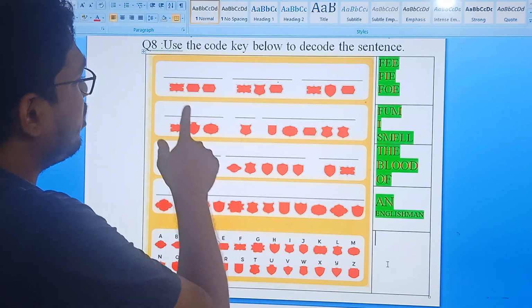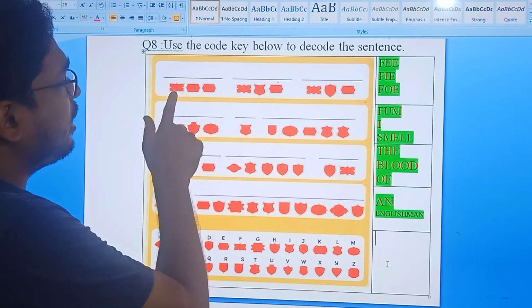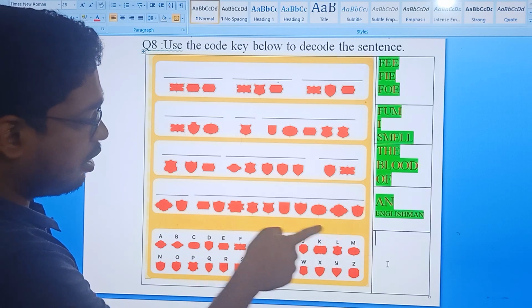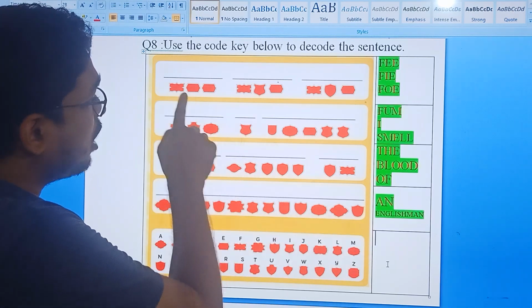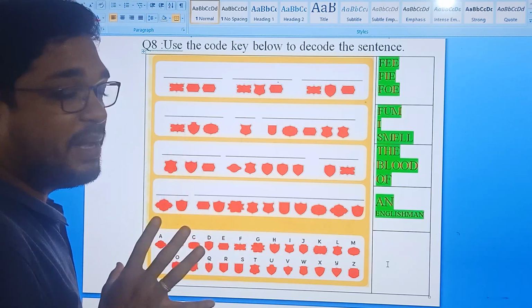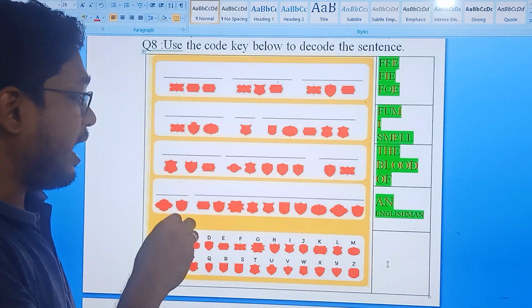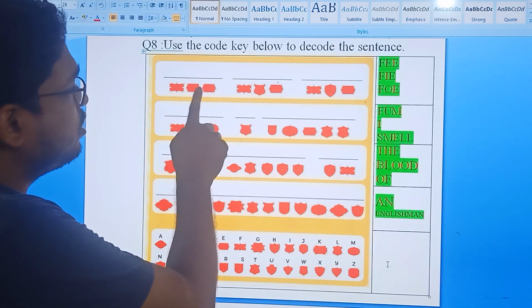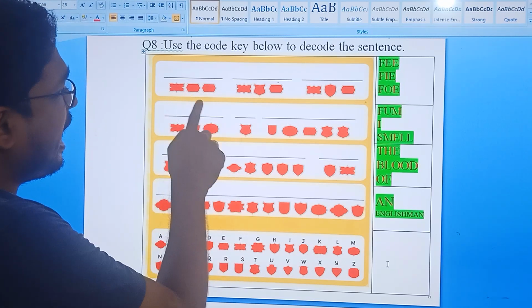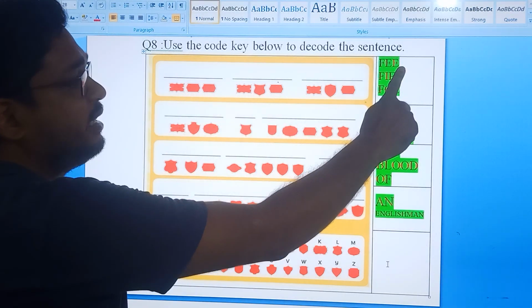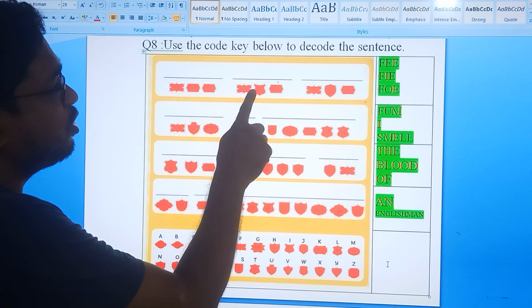So now look at the first question. Look at this. This is F. When you solve this type of coding-decoding, you have to look at all the pictures carefully and with more concentration. So it's F. Then these two pictures are E and E. So it is F-E-E, free. I have already written it here. Then the next question.